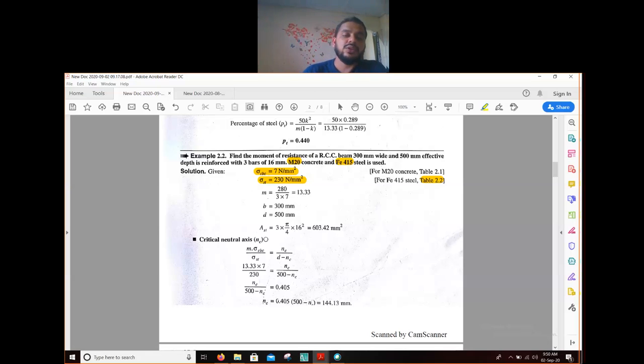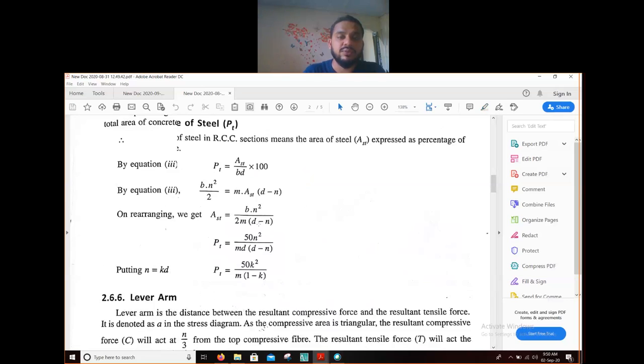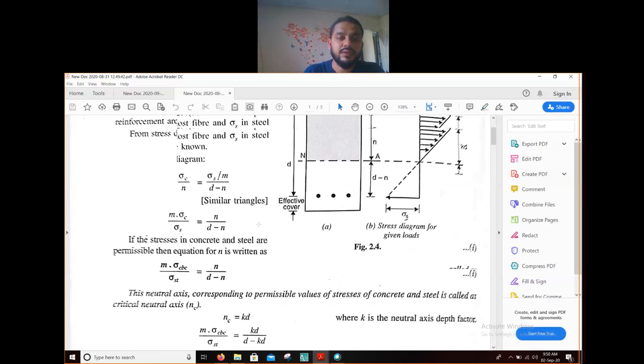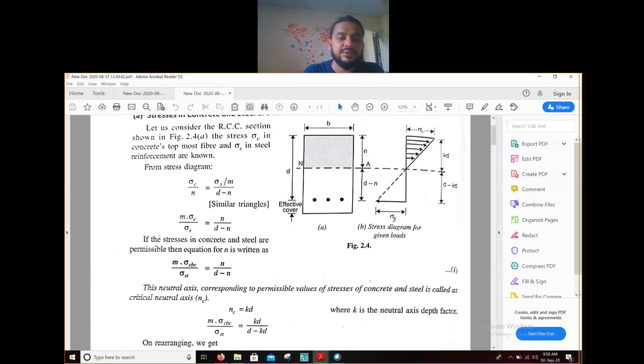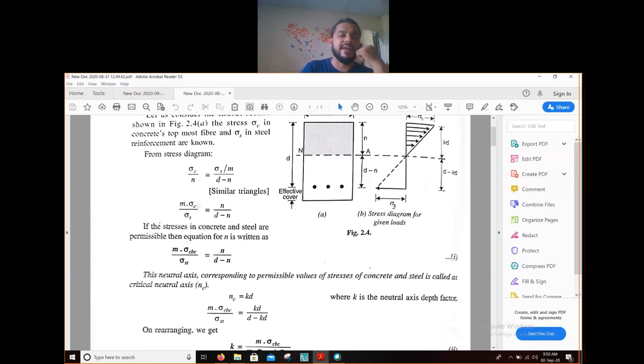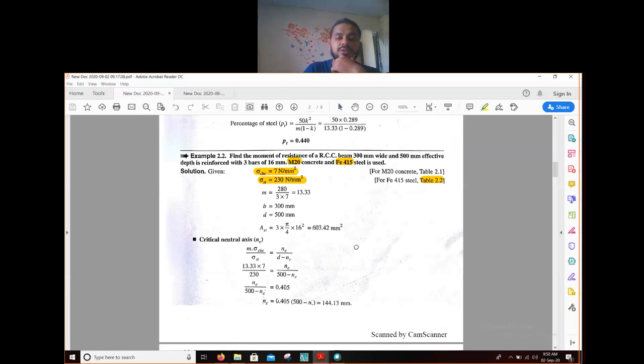I showed you this formula in the last class to find out NC: m into sigma CBC divided by sigma ST equals NC divided by d minus NC.